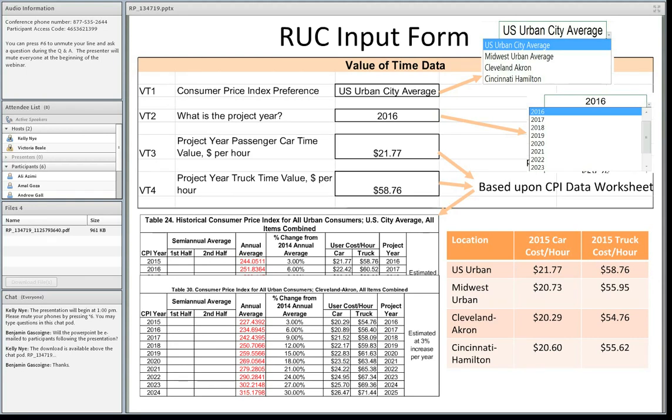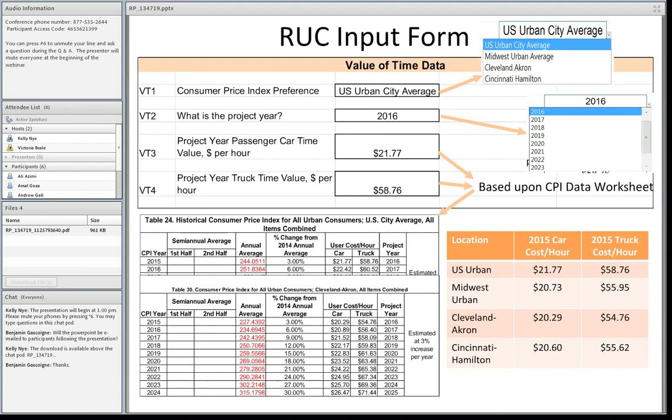Project year could be anywhere from 2015 through 2025. And then based upon that input for the CPI preference and the project year, the RUC input form will recall information from the CPI data worksheet, which will tell you your passenger car time and your truck time.